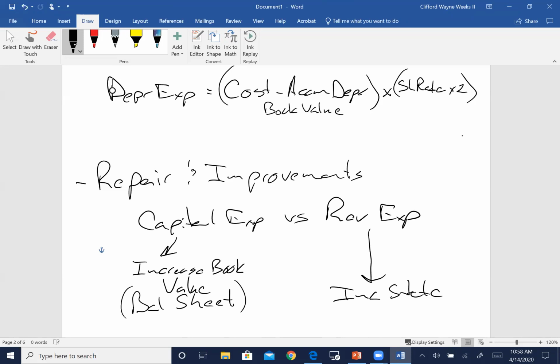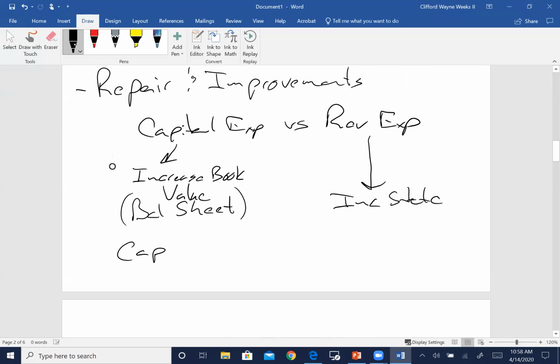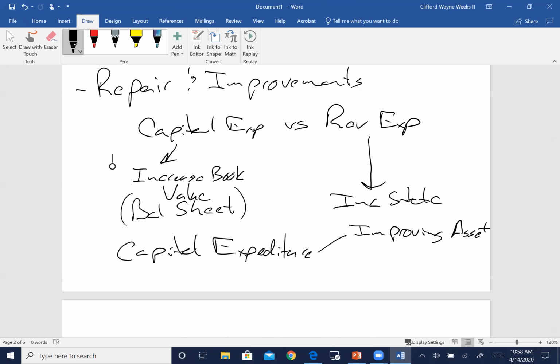Okay. And so a capital expenditure equals, okay, either improving the asset, okay, or extending the life.